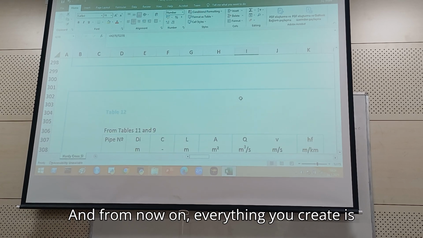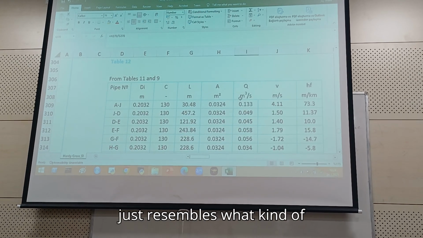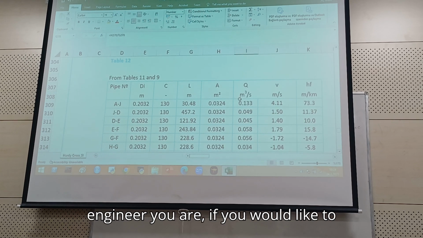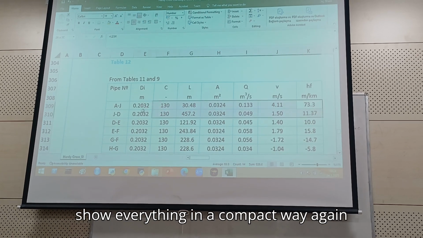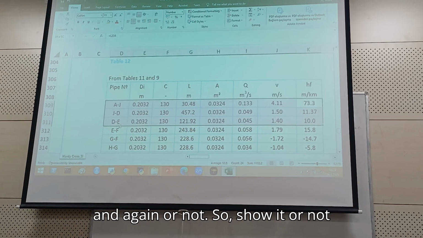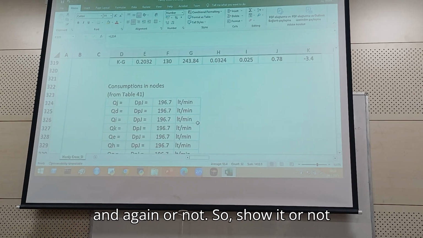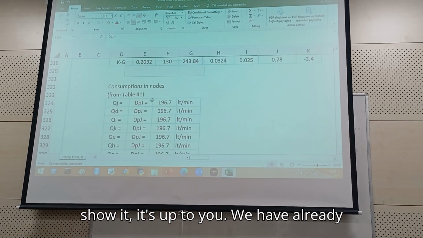And from now on, everything you create just resembles what kind of engineer you are, whether you would like to show everything in a compact way again and again or not. So show it or don't show it, it's up to you. We have already shown them.